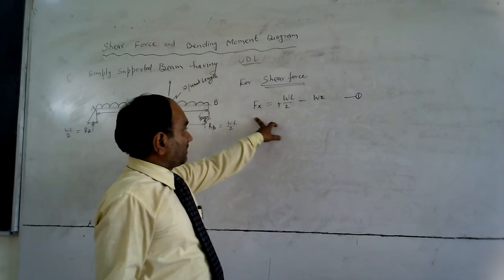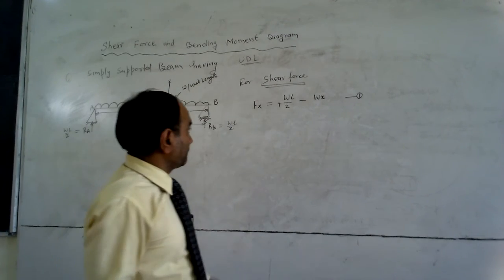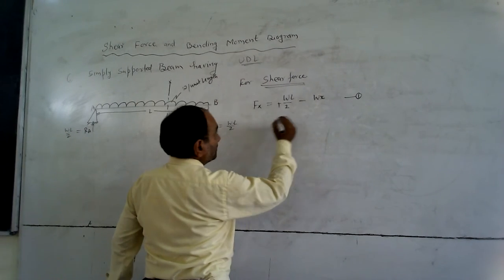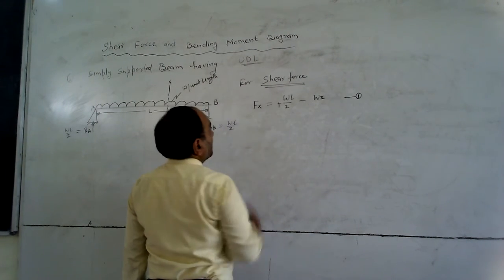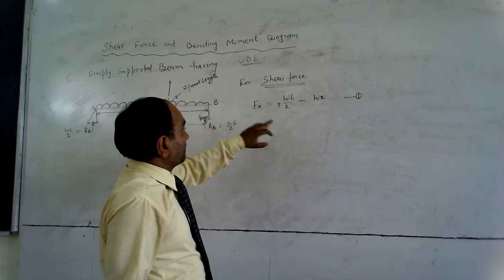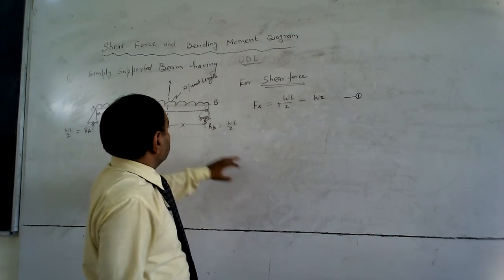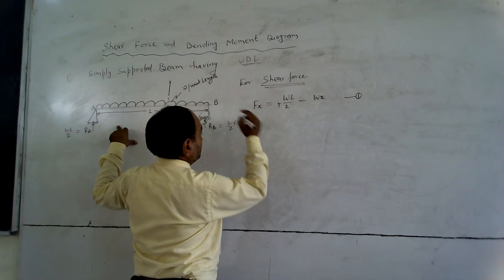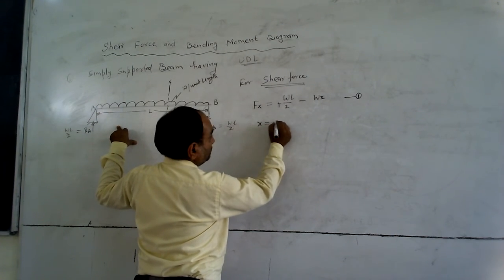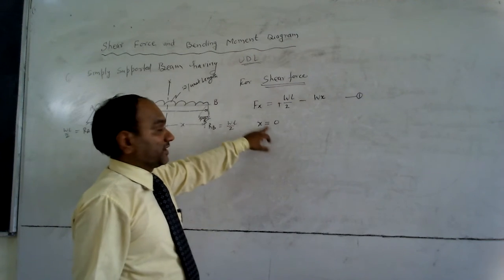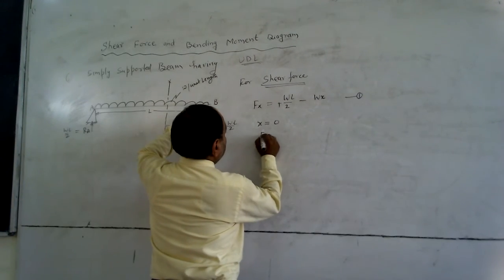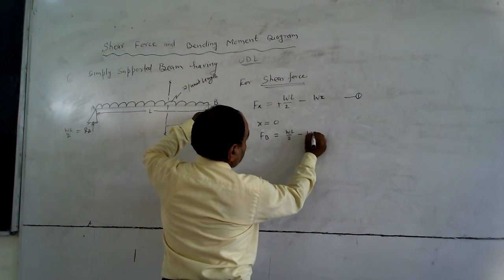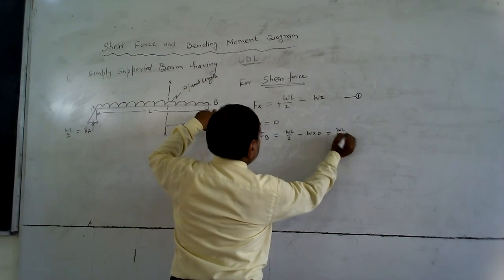We can see that this shear force varies linearly because it depends on x. By using this equation, we can find the shear force at different points of this beam. First we find the shear force at point B, that is x equal to 0. Putting x equal to 0, FB equals wL by 2 minus w into 0, that is wL by 2.